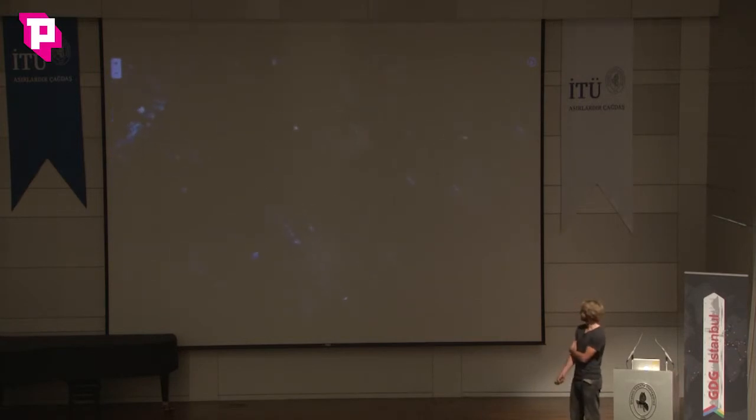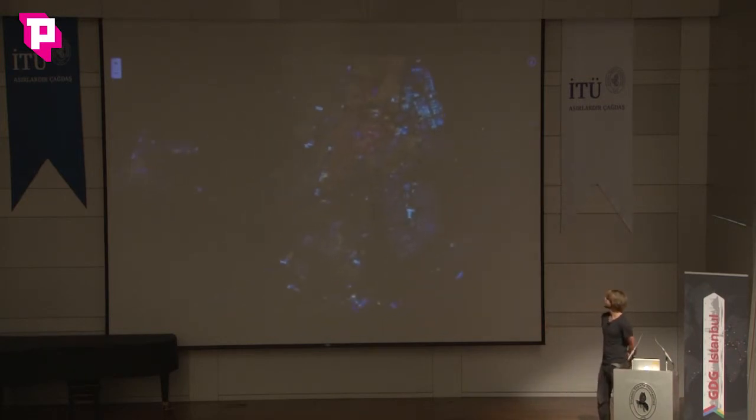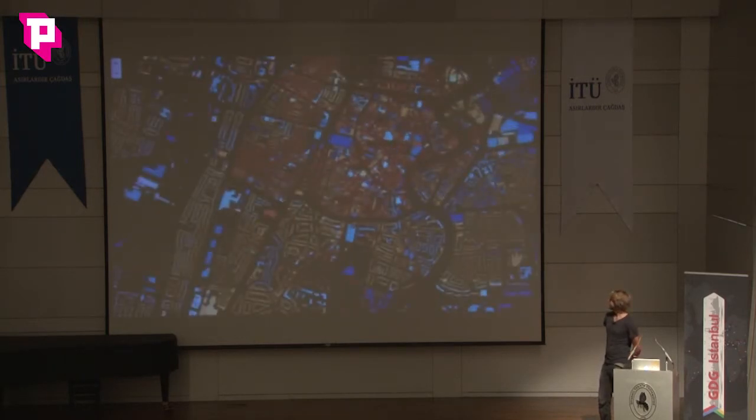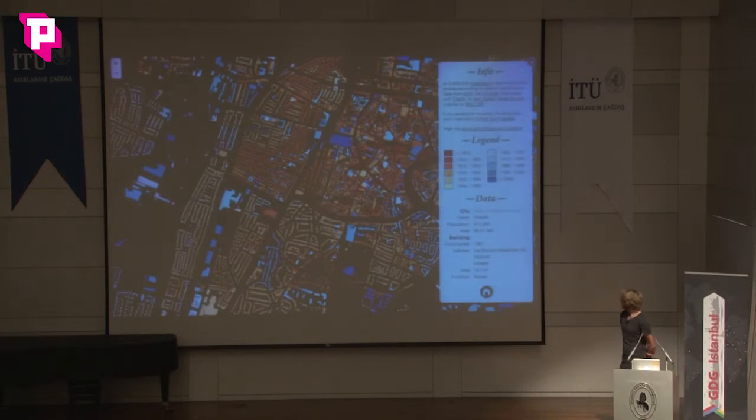I've imported that into CDSTK, and I'm exposing all this really difficult to access data via our simple to use CDSTK API. And I've created this map of all the buildings, and the color is the age of the building. So the more red, the older the buildings are. This is the city of Haarlem. And if you click on a building, it gets the address and the postcode and the year of construction out of CDSTK.